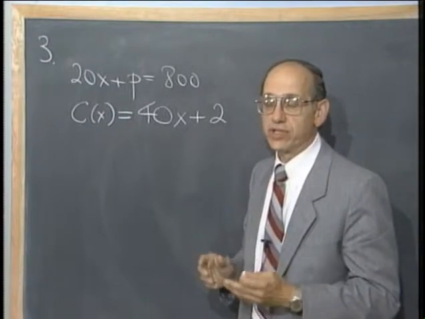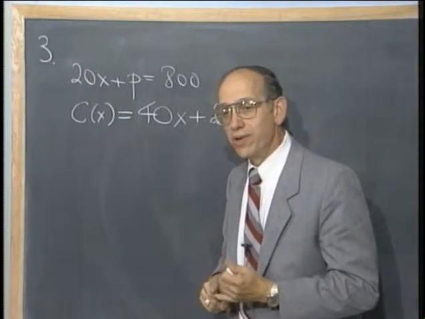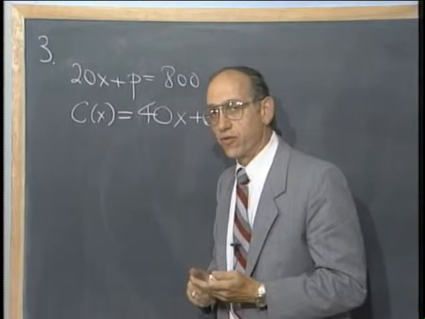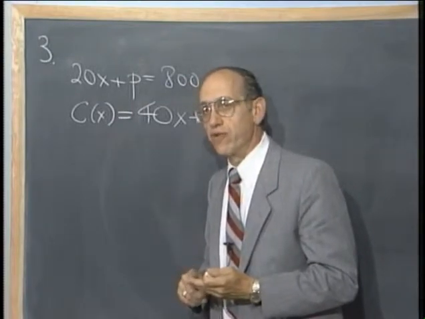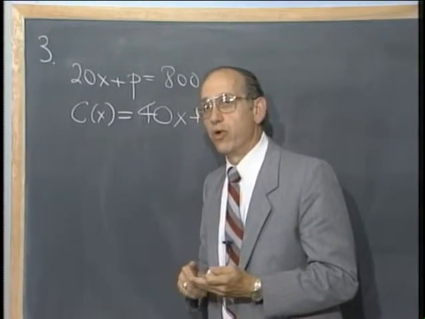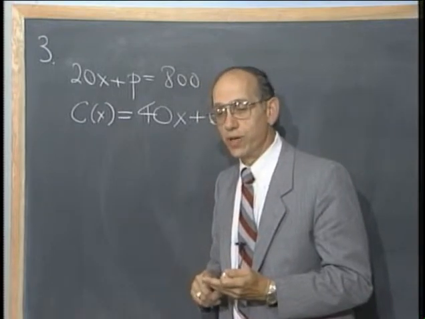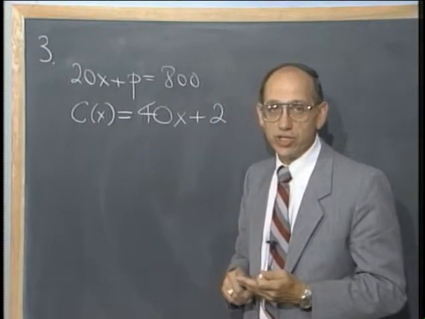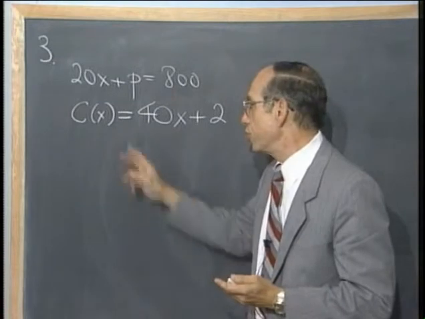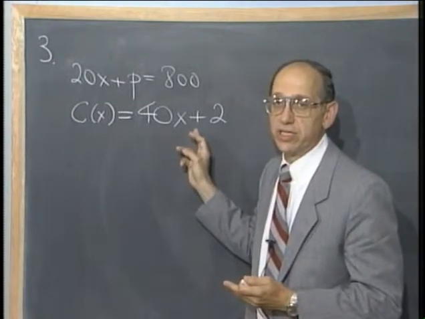Now, what are profits? Profits is revenue minus cost. So the first thing we must know is what his revenue is going to be. And moreover, we want to know what his revenue will be as a function of the number of widgets he sells, because his cost is a function of the number of widgets he sells.